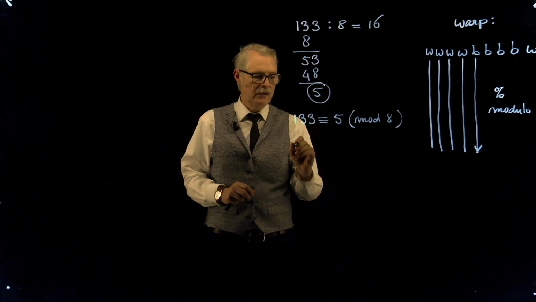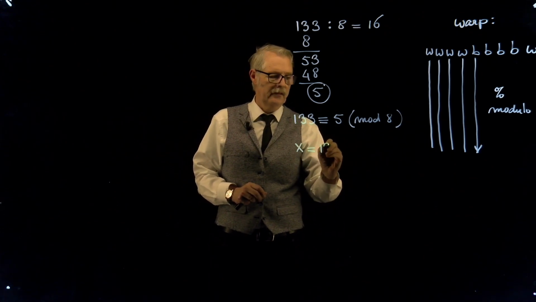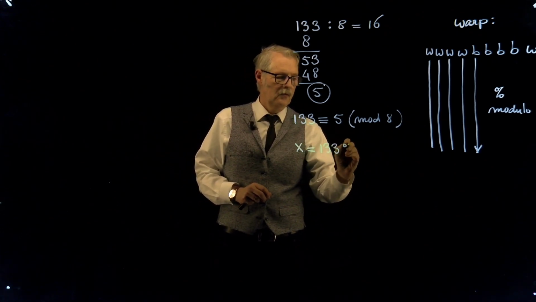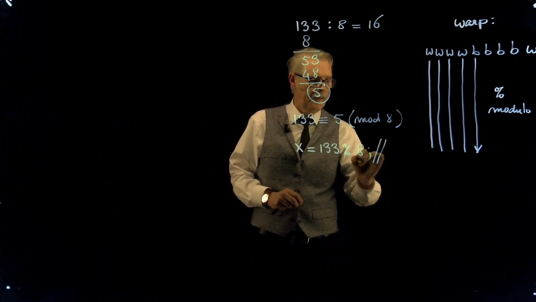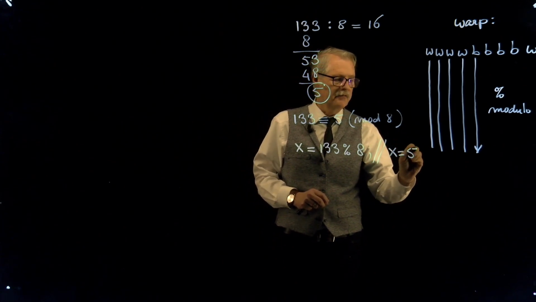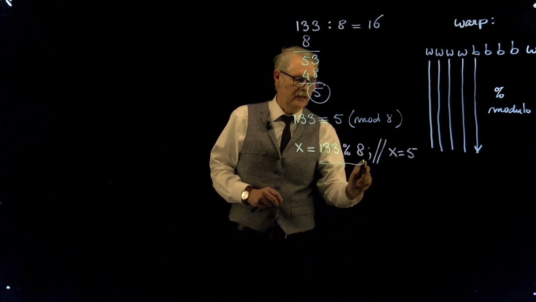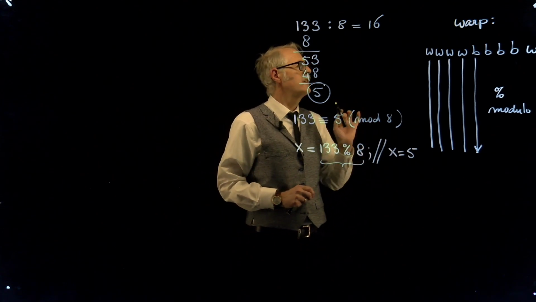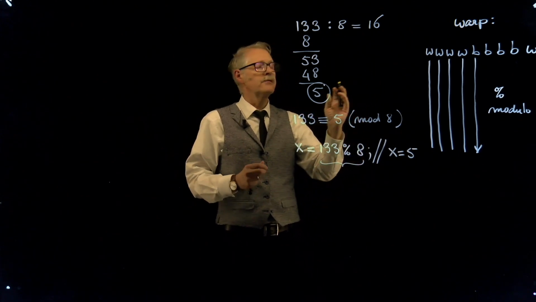If you have a program like x becomes 133 modulo 8, then the outcome is the same as doing x becomes 5. So this is the notation we will be using here. We can use that for the warp problem to get this 4 white, 4 black.